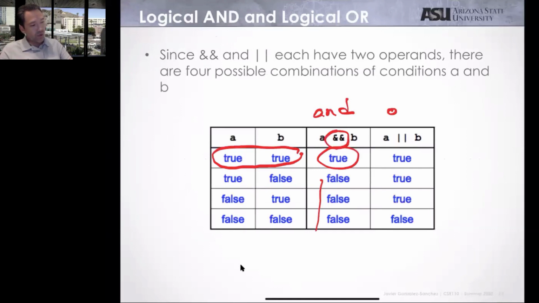If you are using or, the only way that the result is going to be false is if your two inputs are false. Any other case is going to be true. Maybe that is the way that I would recommend you to remember this: true, false, and, or.